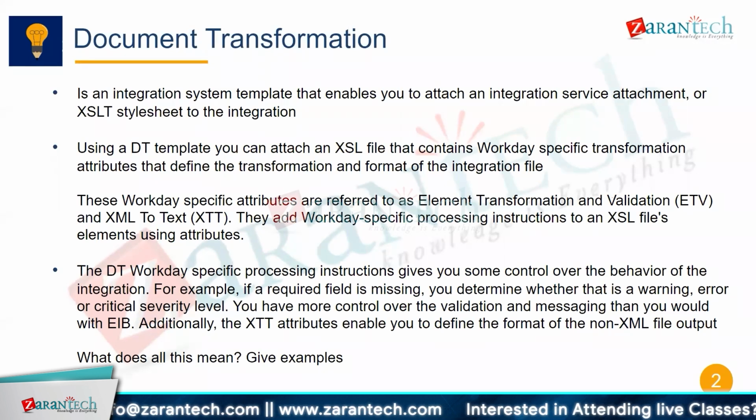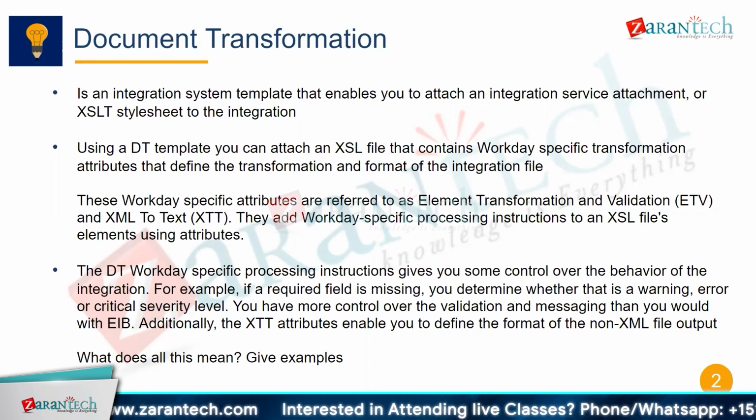An error could be that it'll report an error, but it'll continue with the integration. Or a critical severity level would be that it will terminate the integration, because it is critical information that is needed, and without this the EIB cannot continue to process. So it will give you a critical severity level error, and it will terminate the integration process.